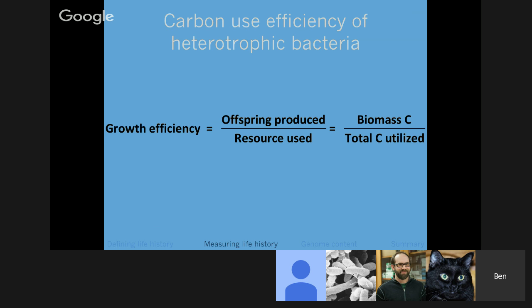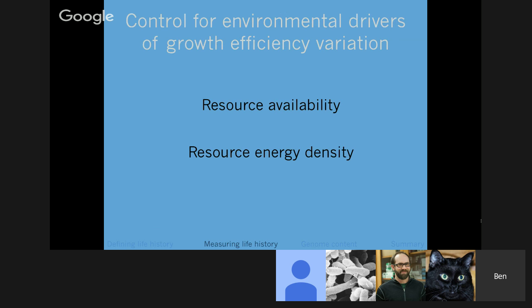So under unconstrained balanced growth conditions in the laboratory, we can show that this overall relationship is true, that growth efficiency is equivalent to carbon use efficiency for aerobic heterotrophs. And in order to really establish that this is the case, we needed to show that the environmental drivers of growth efficiency variation can be controlled in laboratory settings.